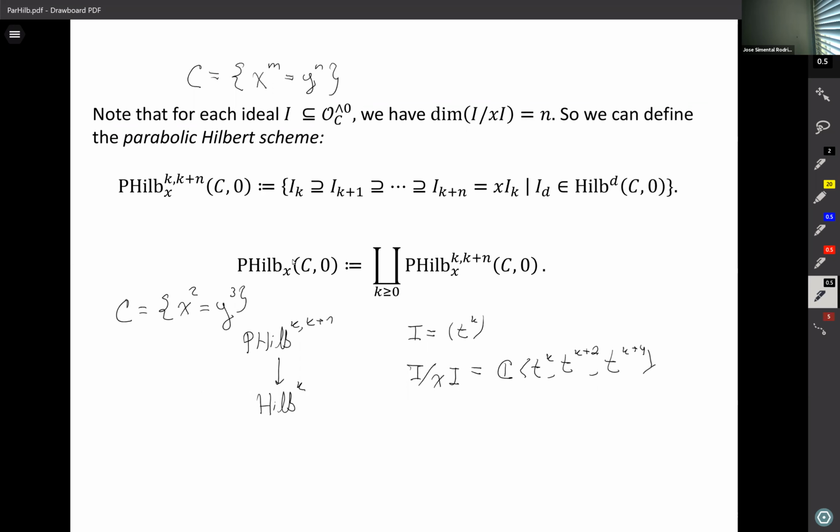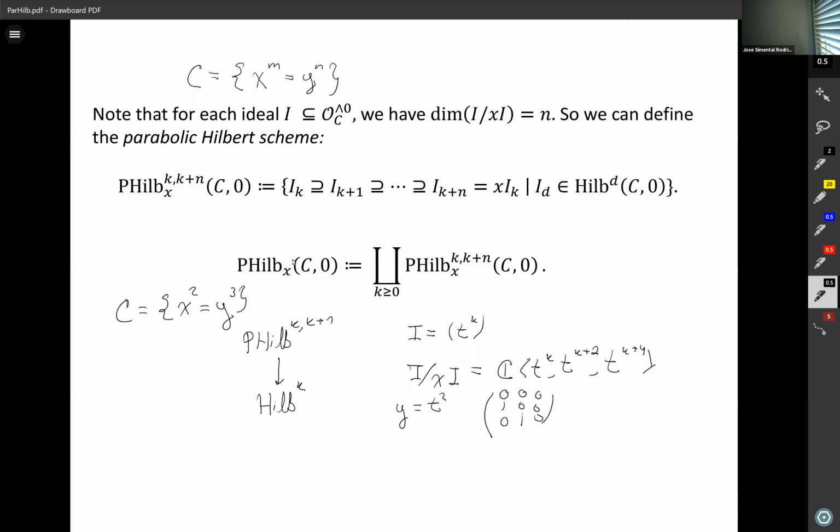The action of y, which we can identify with t squared, will just send t to the k to t to the k plus 2, and so on. This is a regular nilpotent inside SL3. So the fiber over this point is a single point.